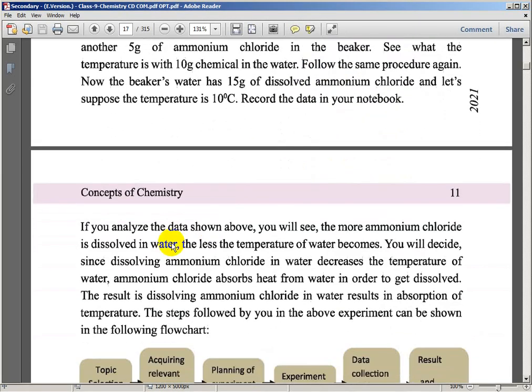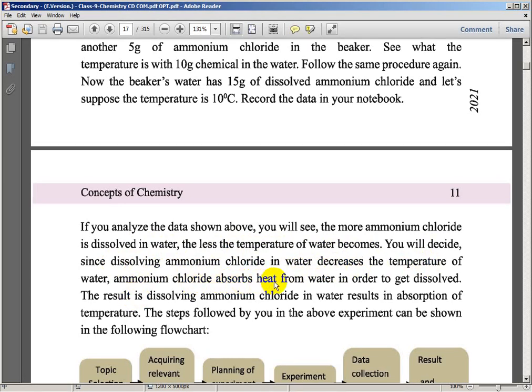So if you analyze the data, you see that the more ammonium chloride is dissolved in water, the lower the temperature of the water becomes. So dissolving ammonium chloride in water decreases the temperature of water.